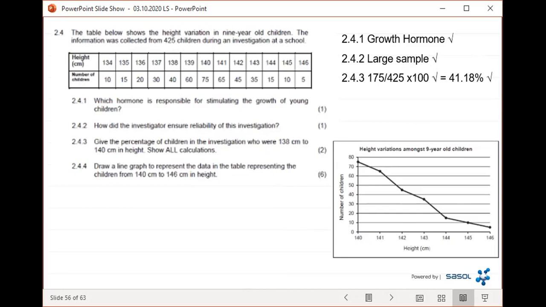And then finally, 1 mark is allocated to drawing the correct type of graph. If you drew a bar graph instead of a line graph, you would lose that mark because the question requested a line graph. So also, guys, go look up the different types of graphs before going to write the test. Do not confuse a histogram with a bar graph. Remember, a bar graph has spaces in between, and in a histogram, the bars are close together or they touch one another.